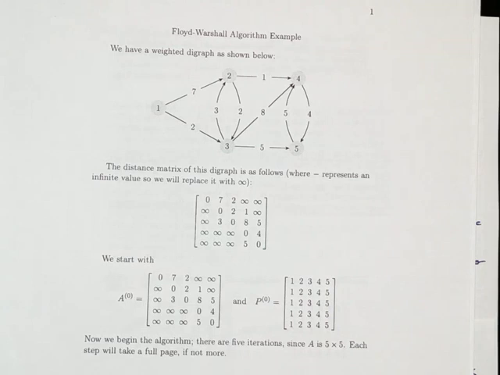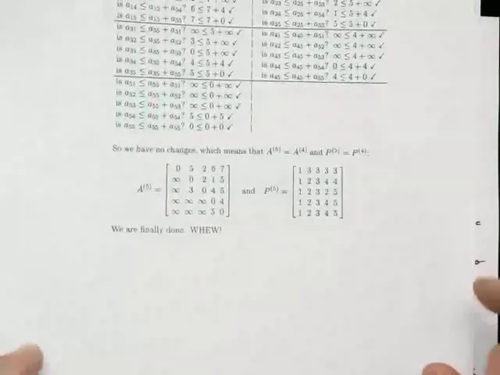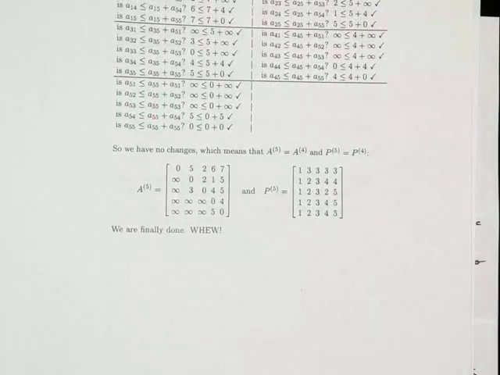What's the cheapest path from 3 to 4? This is small enough that I can do it right off the picture, yes? What's the cheapest path from 3 to 4?